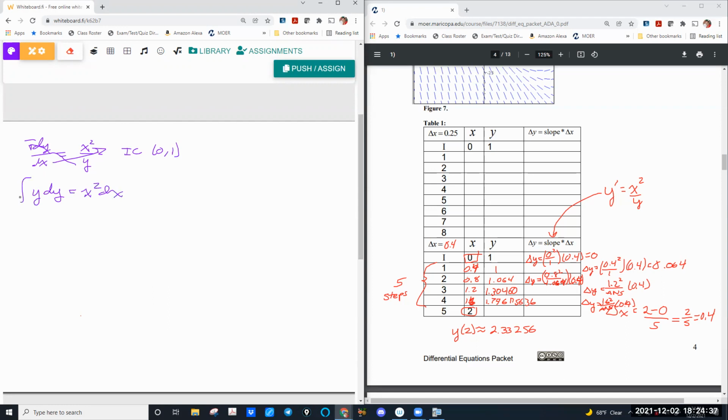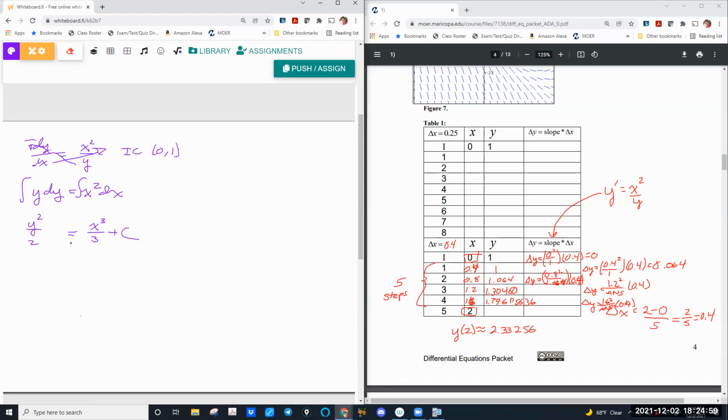Once we have them separated, we integrate both sides. Pretty easy antiderivatives on this one. y squared over 2 equals x cubed over 3 plus c. We need c at some point. Where we find c is completely up to us.